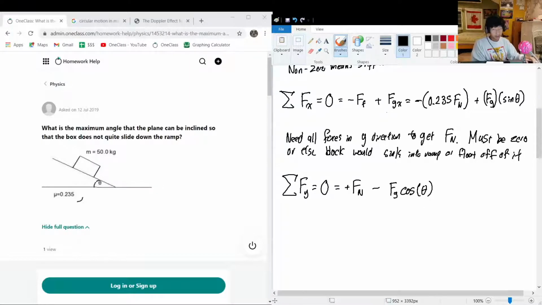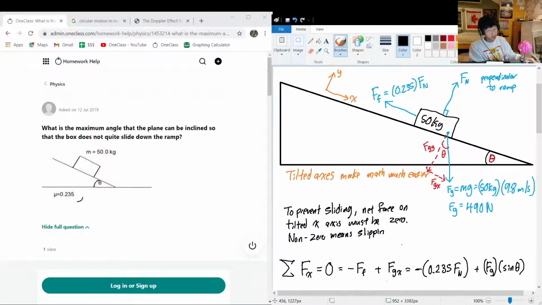Given that we have these two equations, we have a system of equations. Let's first solve for the normal force, and then we can keep it moving from there. If we isolate Fn, Fn is equal to Fg cos theta, and Fg we know is 490 newtons.